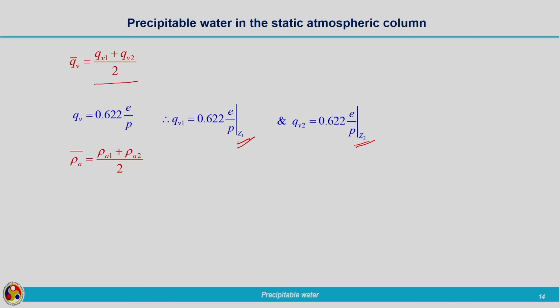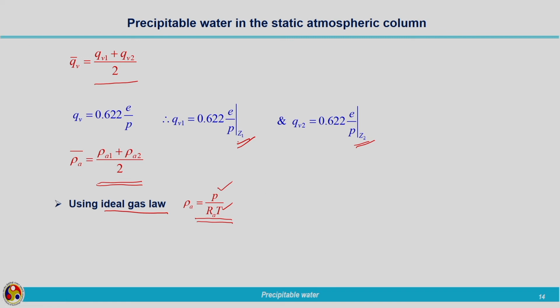Now, coming to rho A bar, it is given by the average value of air density, that is rho A1 plus rho A2 divided by 2. What is rho A1? Using the ideal gas law, we know the air density rho A is P by RAT. This P is known to us, temperature is known to us, and we know the gas constant for air.